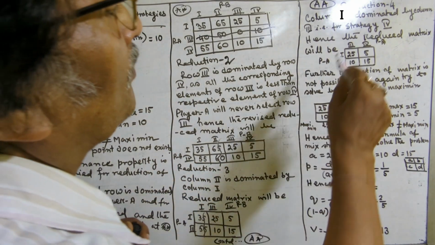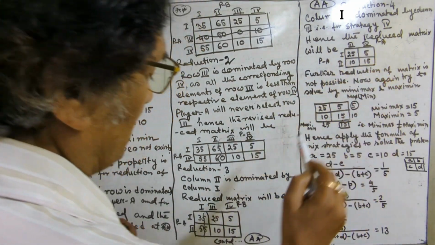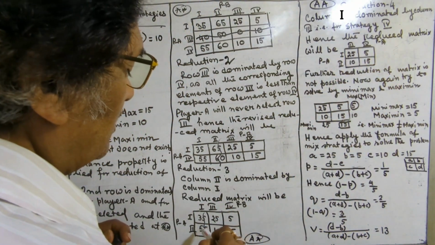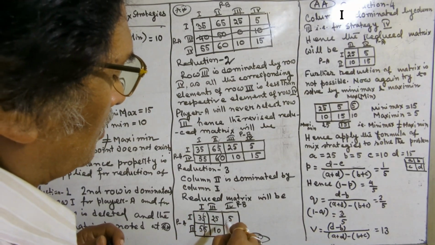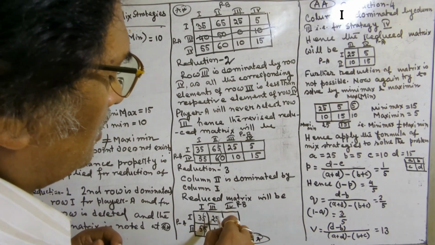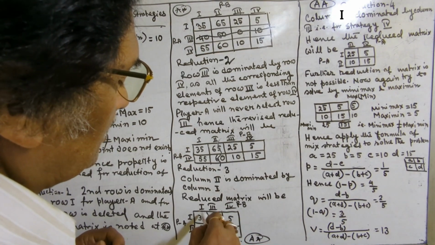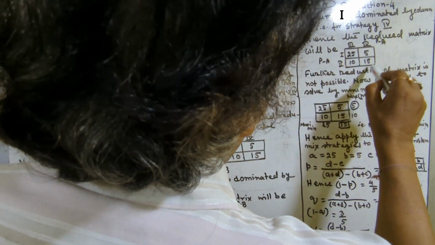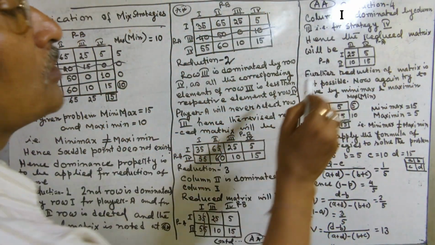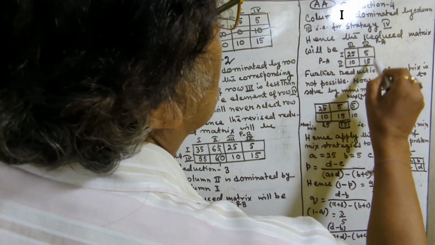In the similar process, the reduced matrix will be 25, 10, because column 1 is dominated by column 3. That's why you can delete column 1 or strategy 1. And this is the reduced matrix.